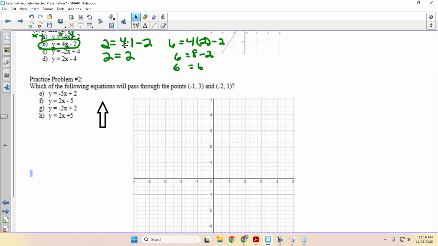So let's go ahead and graph that, and let's see if we can find the slope. If the slope is 2, we're going to have to test both of these ones, but if the slope is -5 or -2, then we can just select the one it is. Okay, so (-1, 3) is here, and (-2, 1) is here.